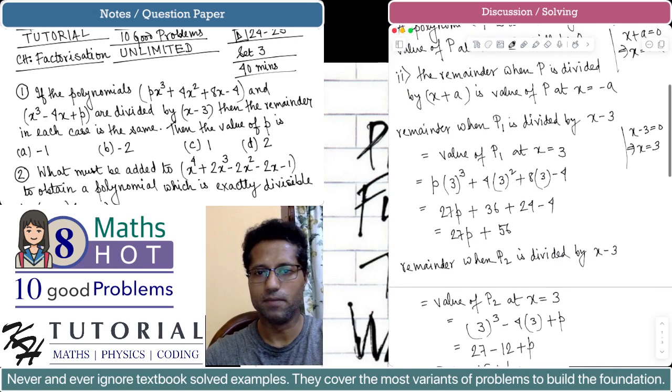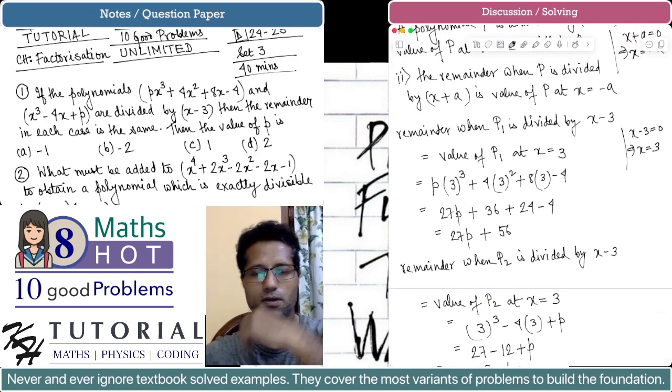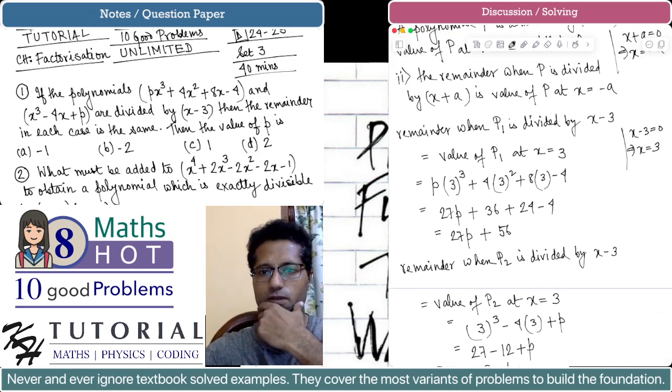The remainder when the first polynomial is divided by x minus 3 will be the value of the polynomial at x equals 3. So we have px cube plus 4x square plus 8x minus 4. So we have p into 3 cube plus 4 into 3 square plus 8 into 3 minus 4.